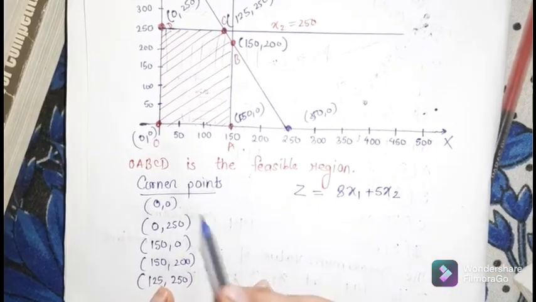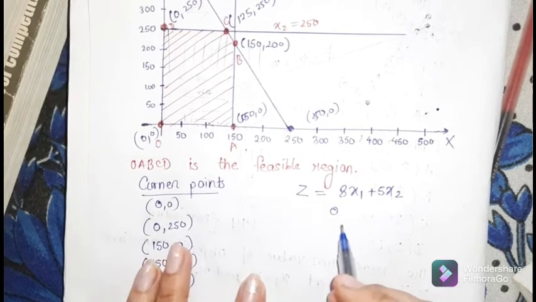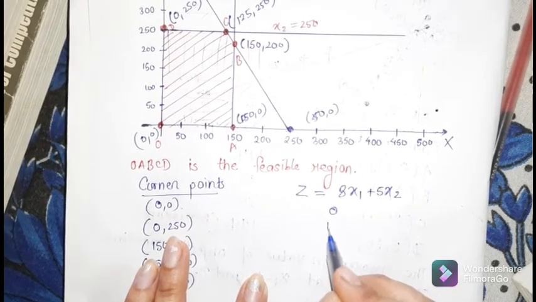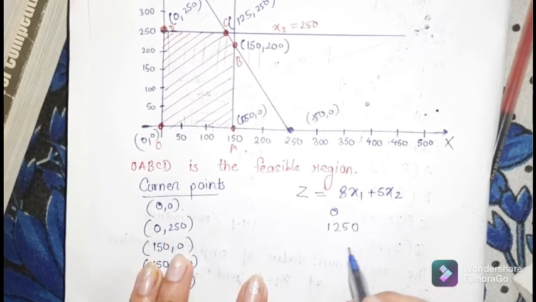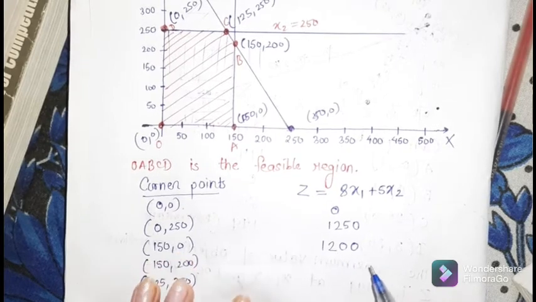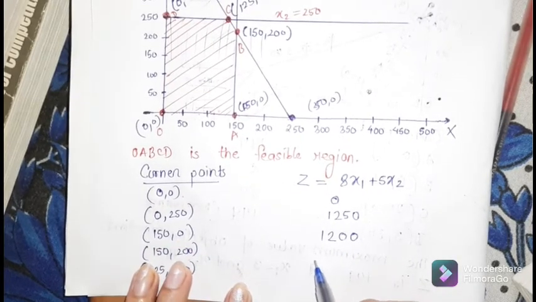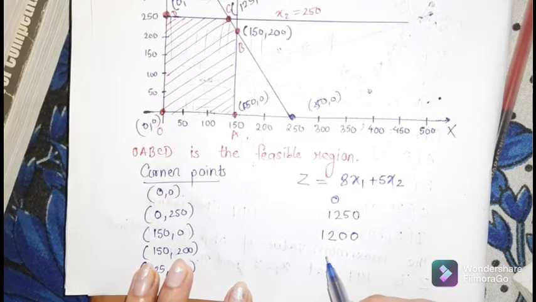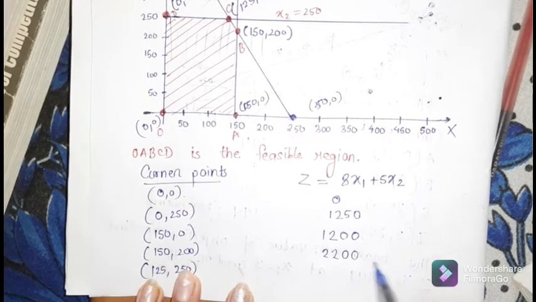The first value corresponding to 0, 0 is 0. The next one is 1250. The next is 1200, and next to this is 1200 plus 1000, it's 2200.